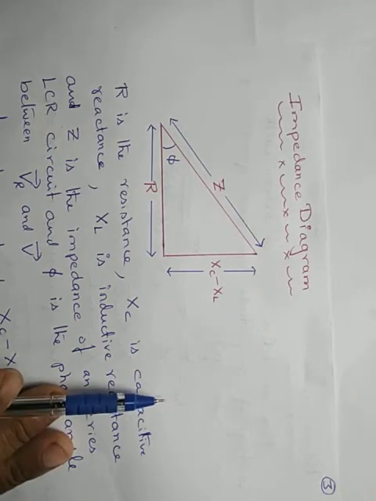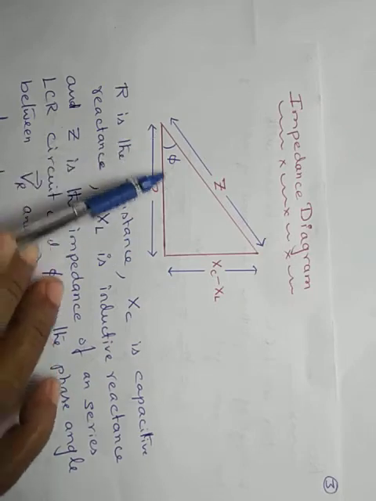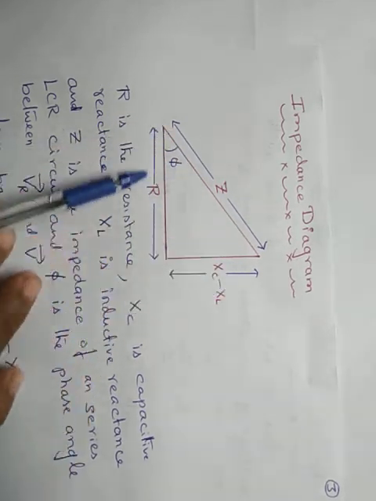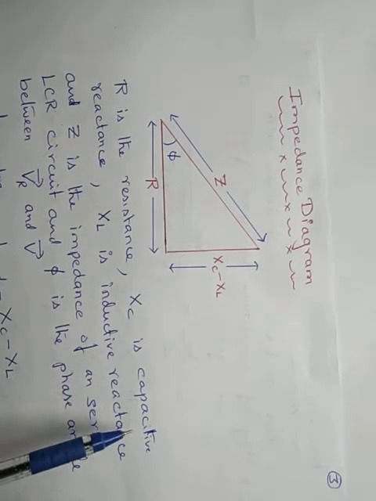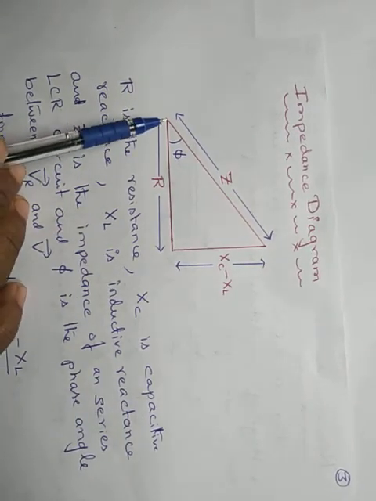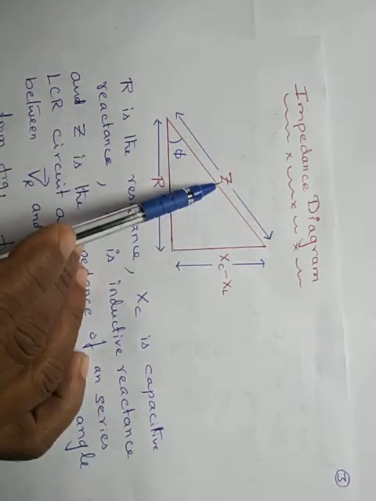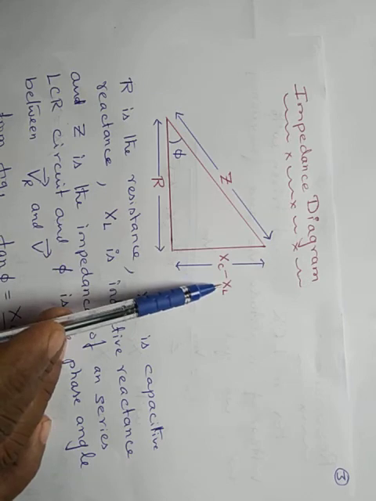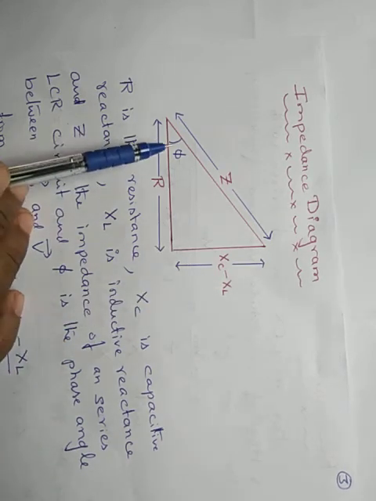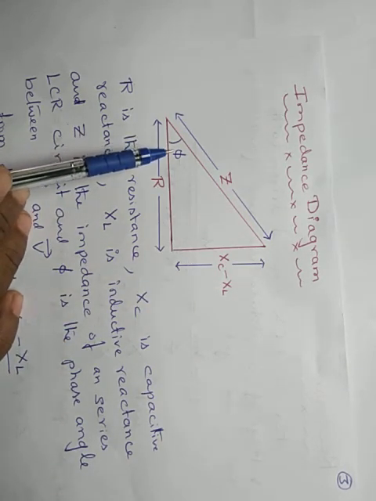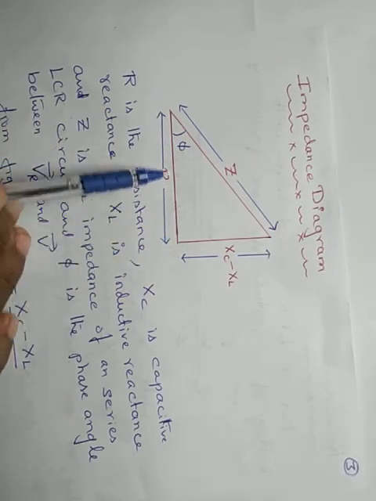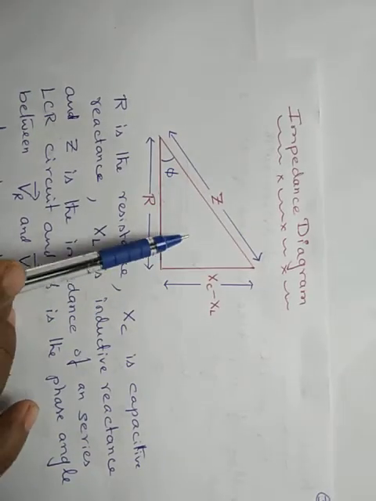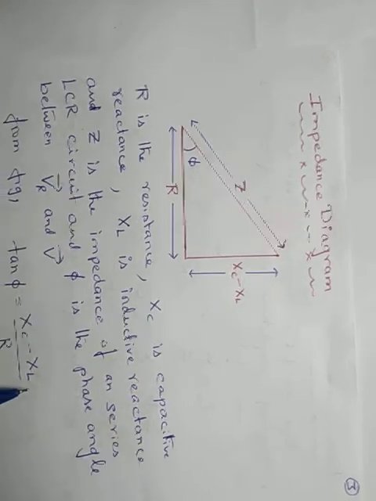Impedance diagram. If you remember the phasor diagram, in terms of resistances or analogues of resistances, the hypotenuse is Z, the opposite side will be XC minus XL, the angle is phi, and this length is R. So, this is the impedance diagram or triangle.